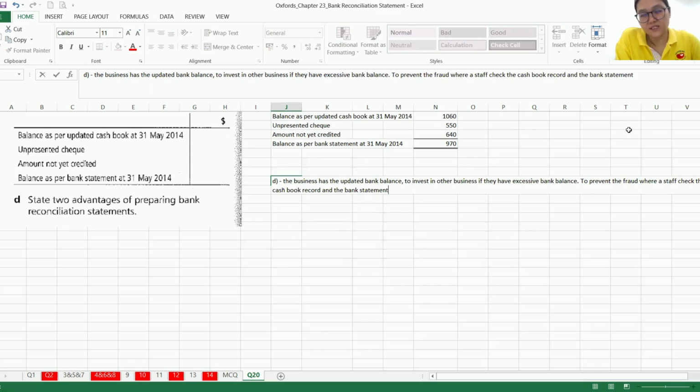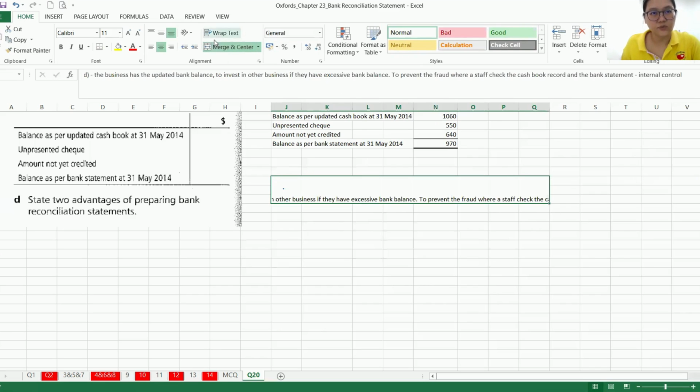So this is prevention, or as an internal control. This is more internal. Okay, so this is the answer that we can put in.